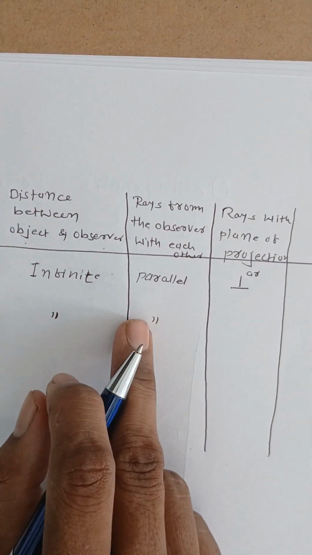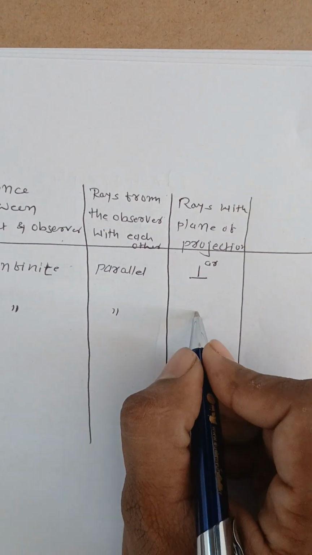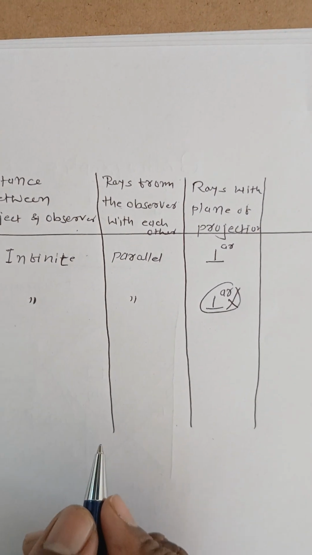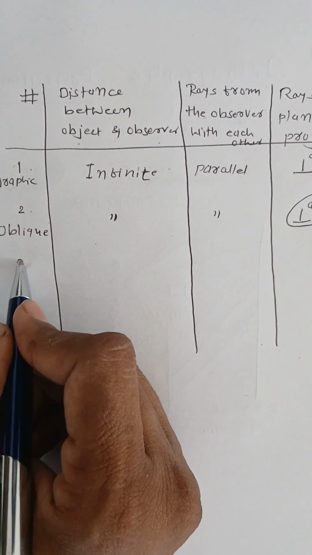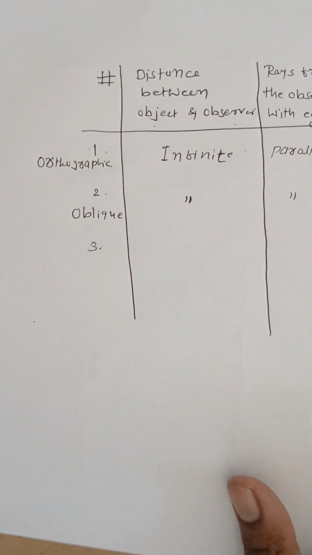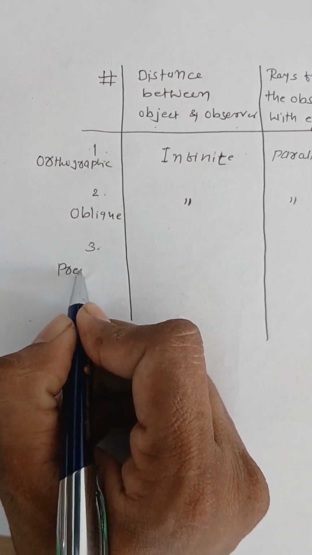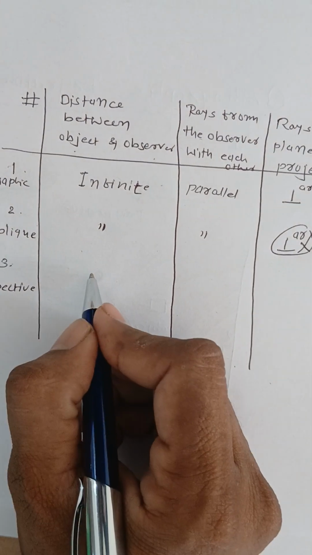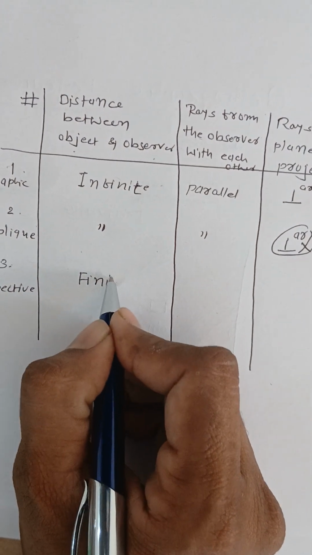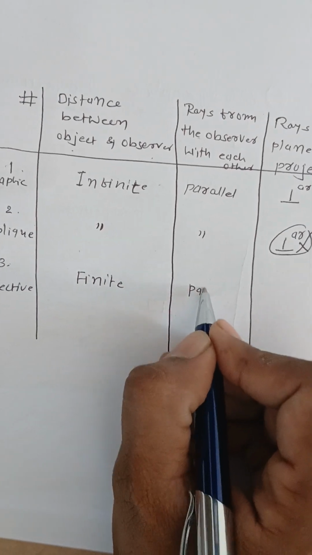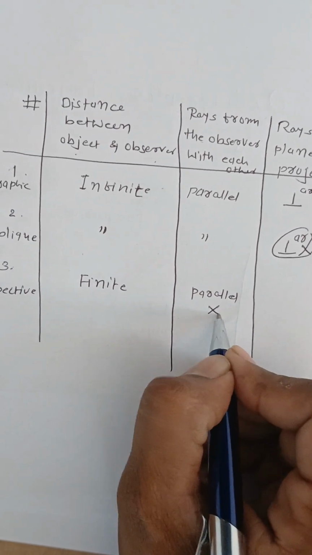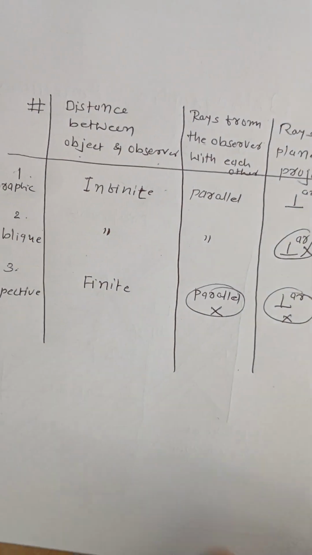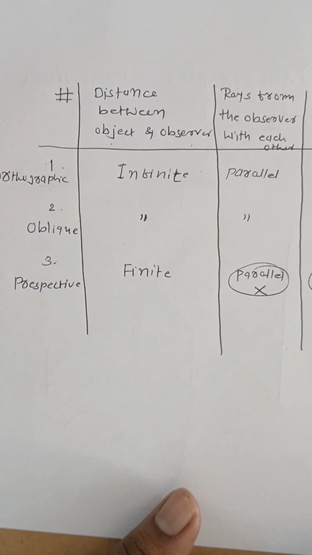Rays from the observer are parallel with each other but they are not perpendicular to the plane of projection. And third one is perspective projection. In case of perspective projection, the distance between object and observer is finite. Rays are neither parallel with each other nor perpendicular to the plane of projection. That is known as perspective projection.